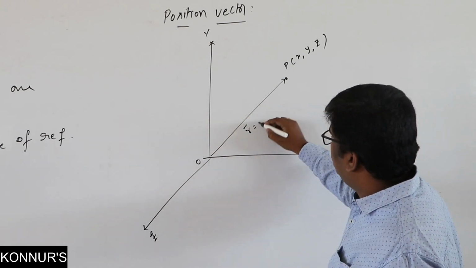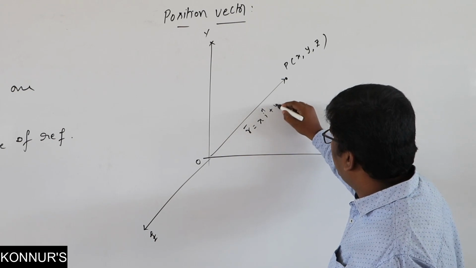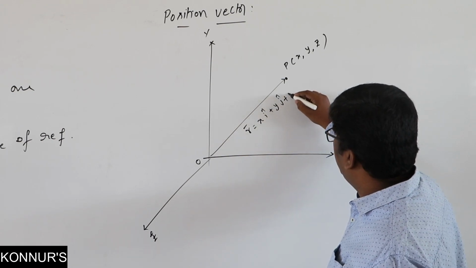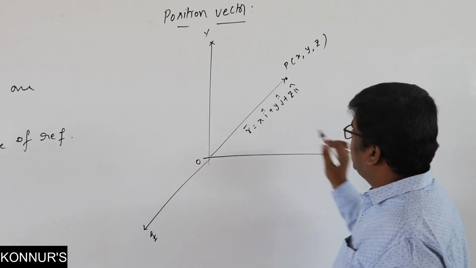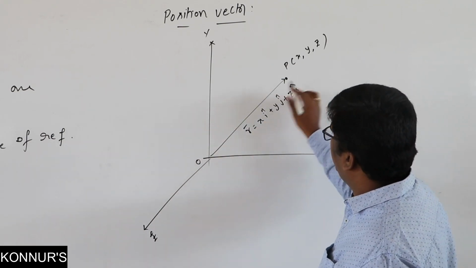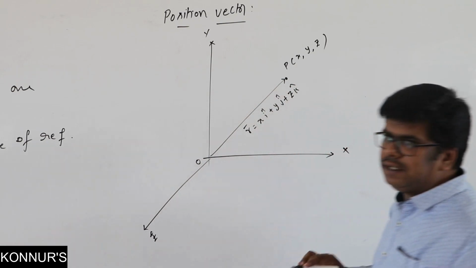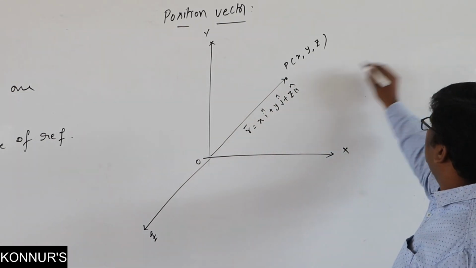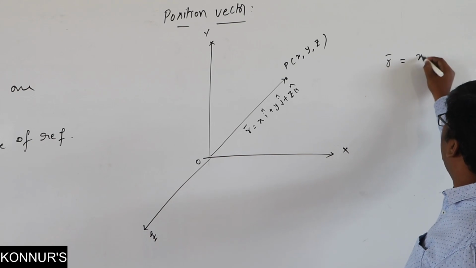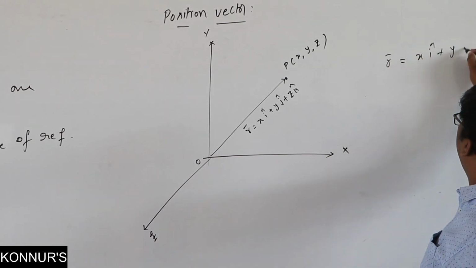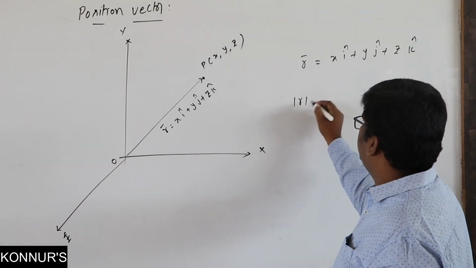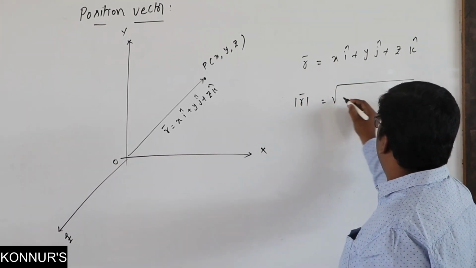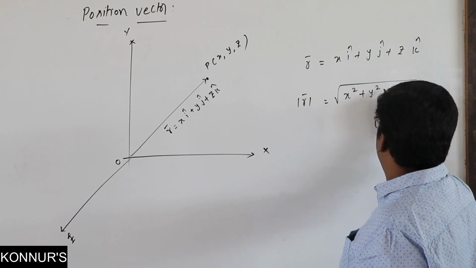That is, r bar equals x i cap plus y j cap plus z k cap. Its magnitude is the square root of x squared plus y squared plus z squared.